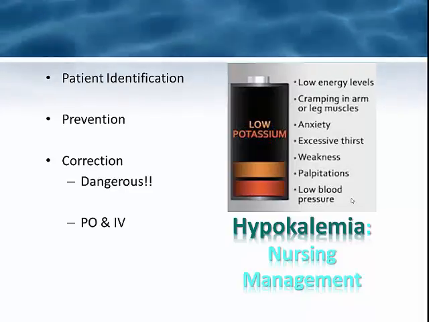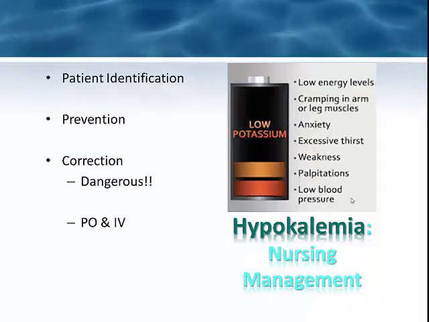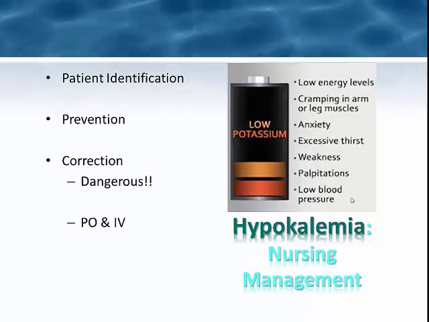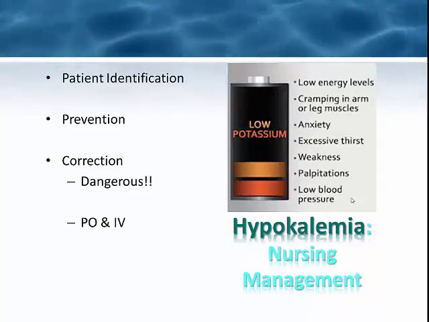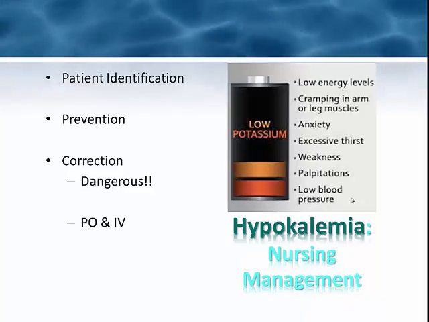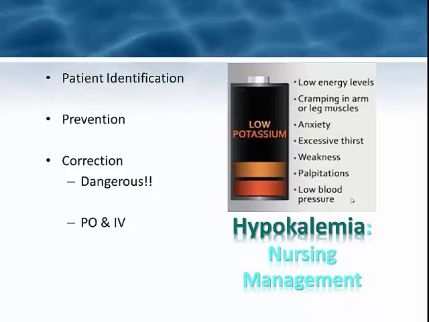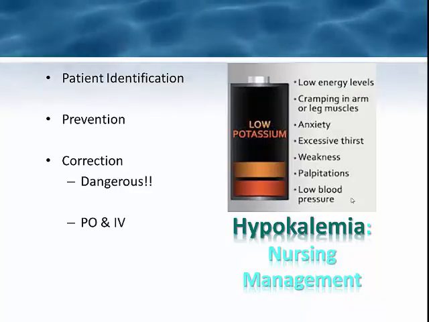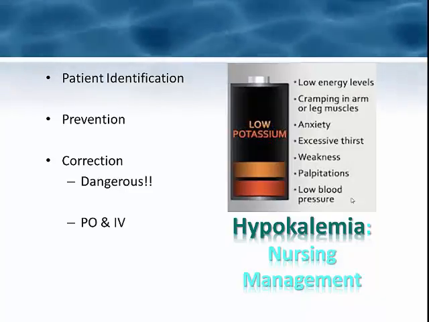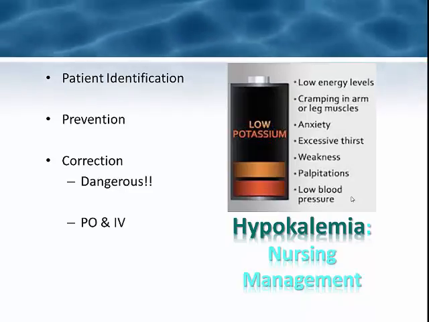The other thing is, do not give aged blood products if they have impaired renal function, because the serum potassium will increase the longer the blood is stored. And that has to do with the RBC deterioration.